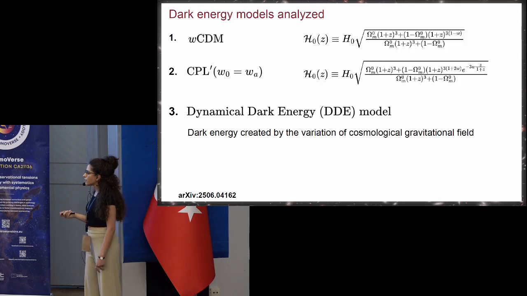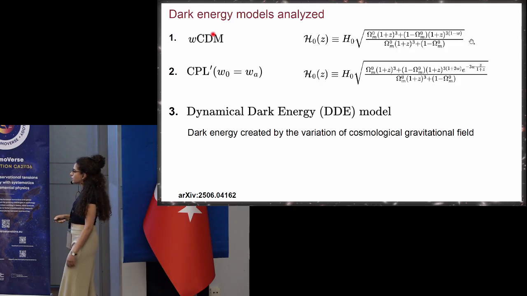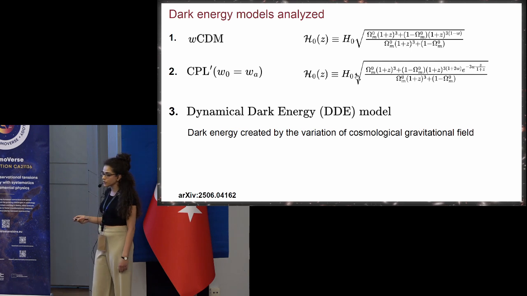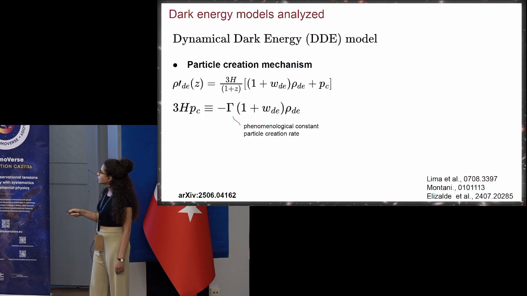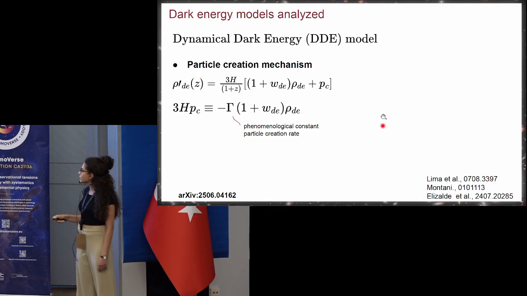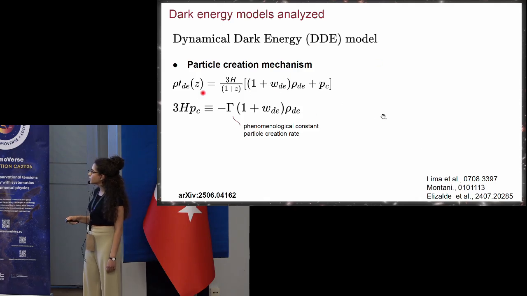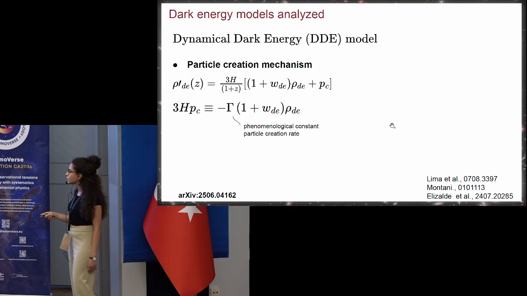We have an evolutionary dark energy that is created by the variation of the cosmological gravitational field. In particular, we consider a particle creation mechanism. So we have this modified continuity equation where we have an additional pressure term that is negative, and this is in particular the phenomenological constant particle creation rate.